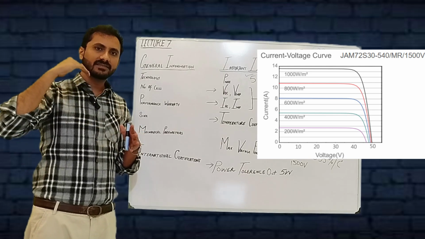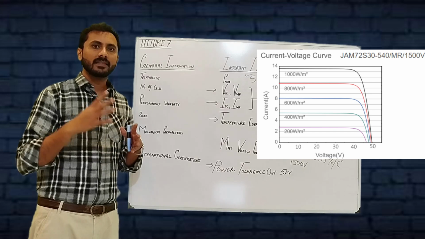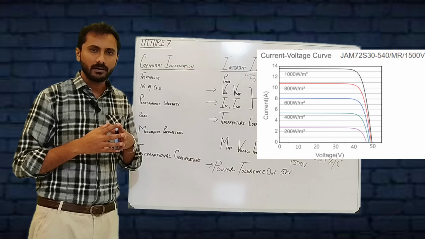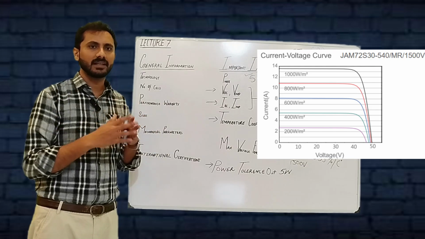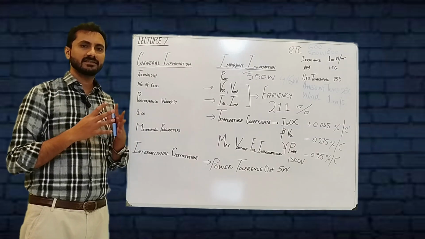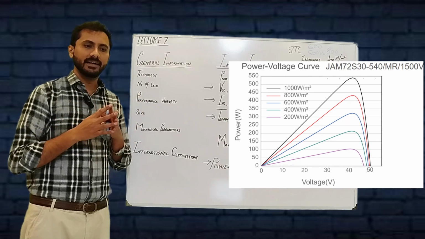And when the radiance gets high, up to 1000 watt per meter square, the maximum voltage will be 49.9 volts, and the maximum current will be around 13 point something or 14 amperes. Now consider the second case, which is the power versus voltage with respect to the sun irradiance.